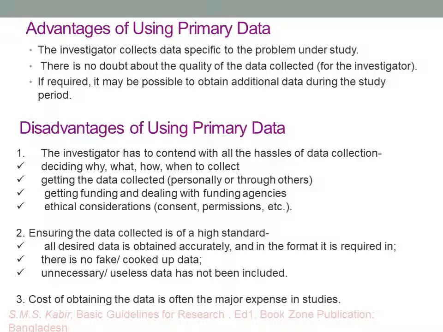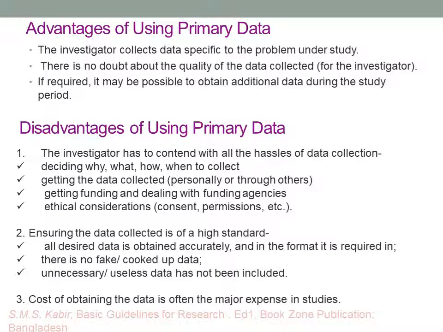So the investigator can always change the variables, extrinsic variables, depending on what you want to prove. So there is no doubt about the quality of the data that you collect for yourself.